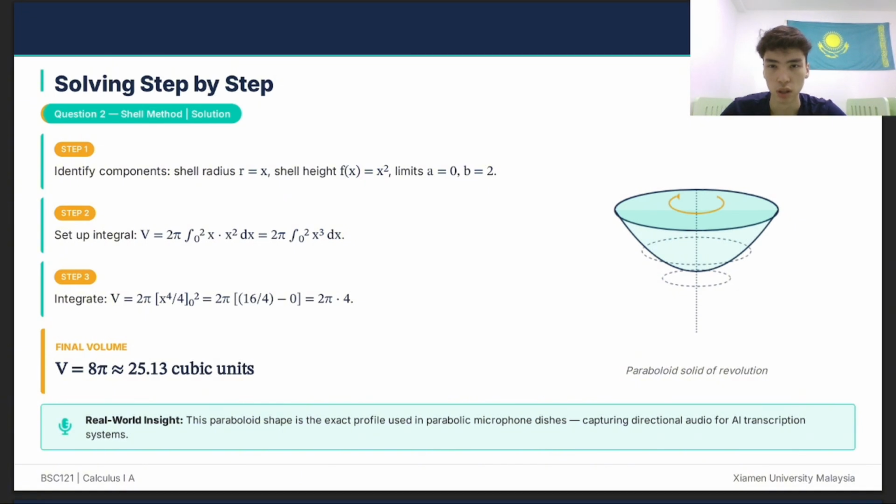So our final volume is 8π cubic units, which is about 25.13 cubic units. This paraboloid shape is exactly the profile used in parabolic microphone dishes, which are critical for capturing directional audio in AI transcription systems. This demonstrates how the shell method provides a direct and efficient solution for real-world engineering problems.